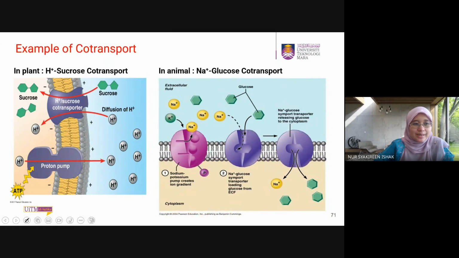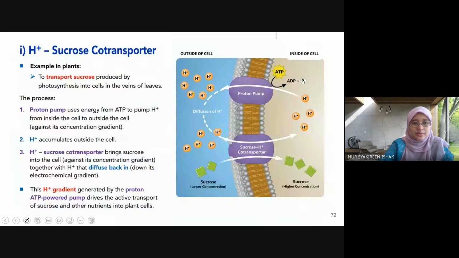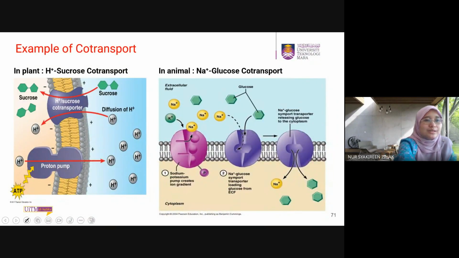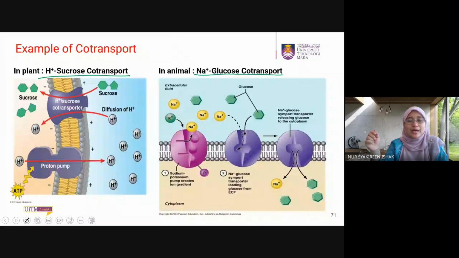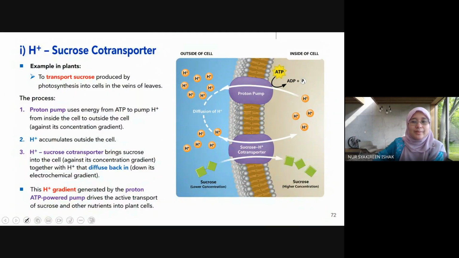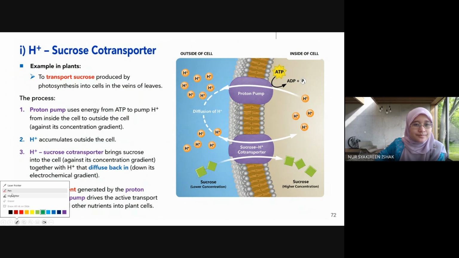In plant, hydrogen ion sucrose co-transport. Ini dia. So this is in plant. In animal, sodium ion glucose co-transport. So let's look at the mechanism for the plant cell.